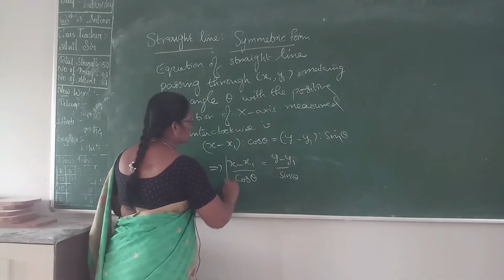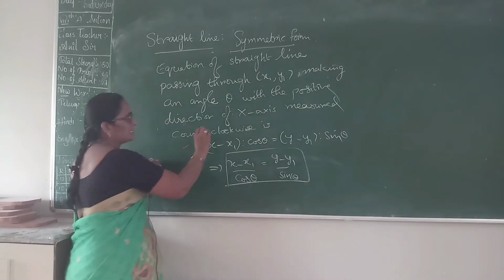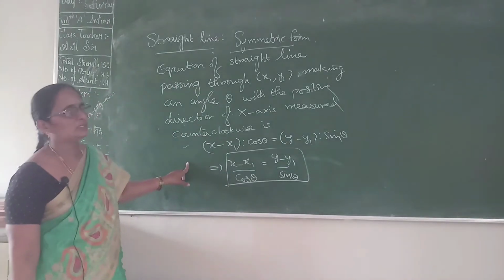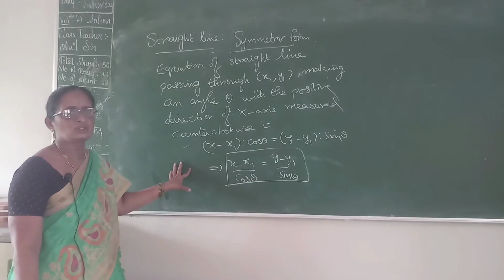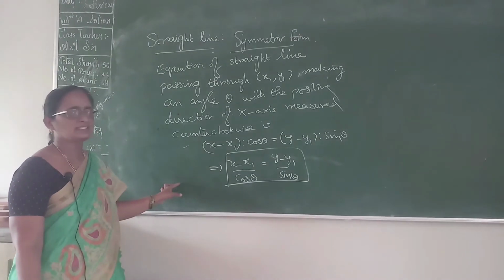Like this also we can represent it. So this is the symmetric form of the straight line: x minus x1 by cos theta is equal to y minus y1 by sin theta.